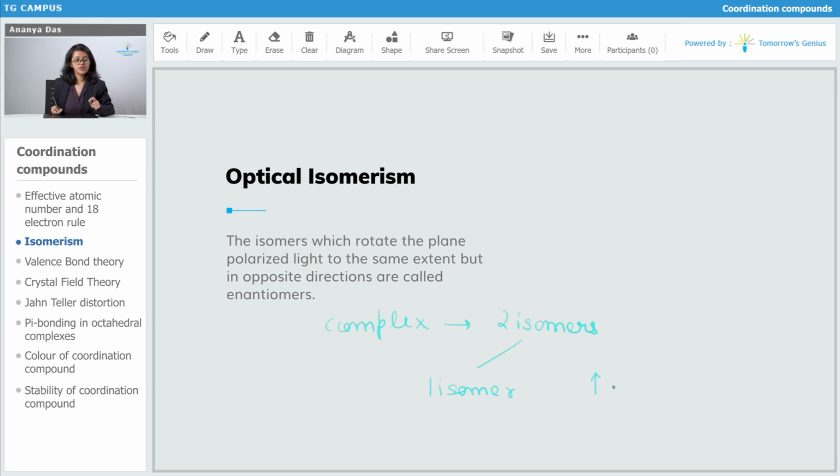Now it has rotated the plane polarized light towards this direction by an angle of, let's say, 60 degrees. Now if the second isomer rotates the plane polarized light towards the opposite direction, also by an angle of 60 degrees, then the first and the second isomer are called enantiomers.